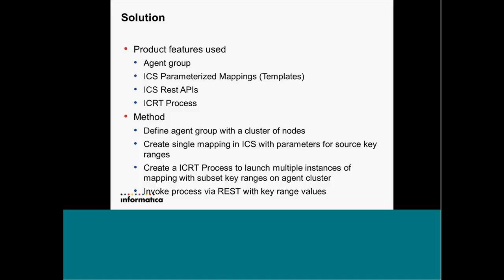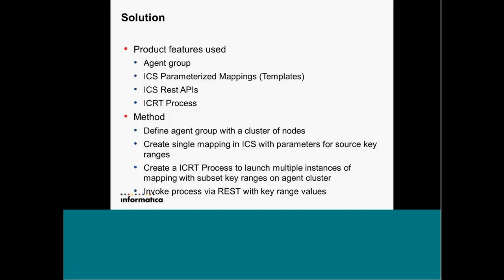So what we ended up using is agent group, right, which basically allowed them to add as many agents as they needed, and parameterized mapping. So these are basically integration mappings which are parameterized so that you can specify on a particular node what type of range to process. So in this case, we ended up using database key ranges as a way to partition the data set.